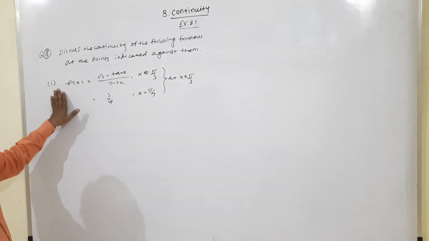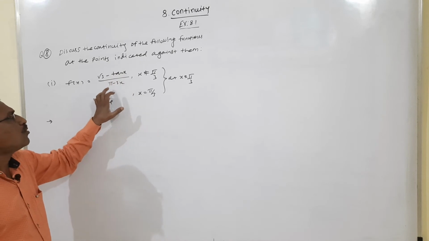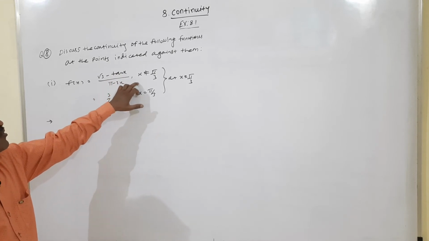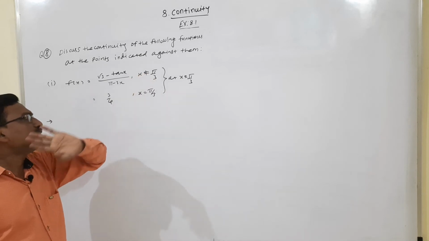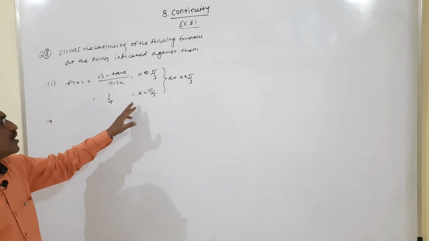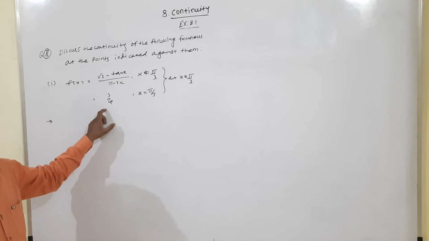The first example: function f of x equal to root 3 minus tan x upon pi minus 3x for x not equal to pi by 3, and for x equal to pi by 3 the value of the given function is 3 by 4.